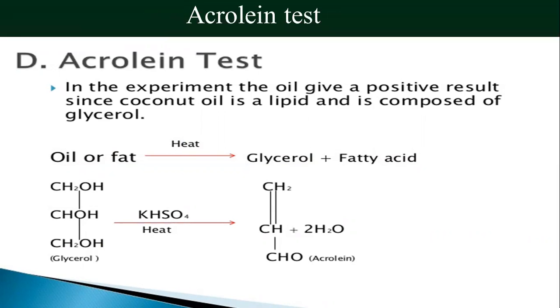When glycerin is heated in the presence of potassium bisulfate, then two molecules of water are removed from glycerin and a different compound, that means acrolein, which has a bitter taste, is produced, and by this bad taste we can identify that the sample compound obviously contains glycerol.